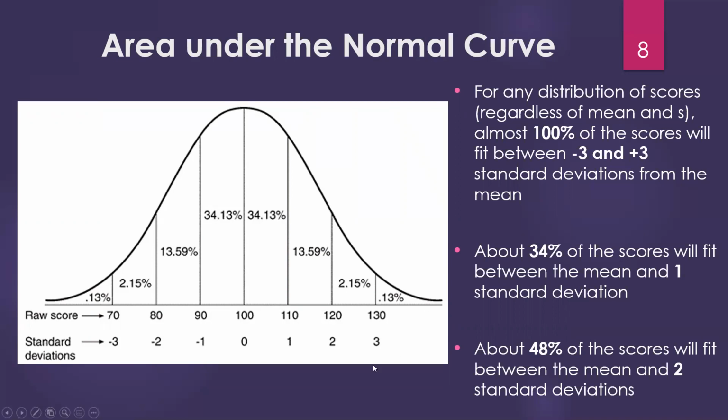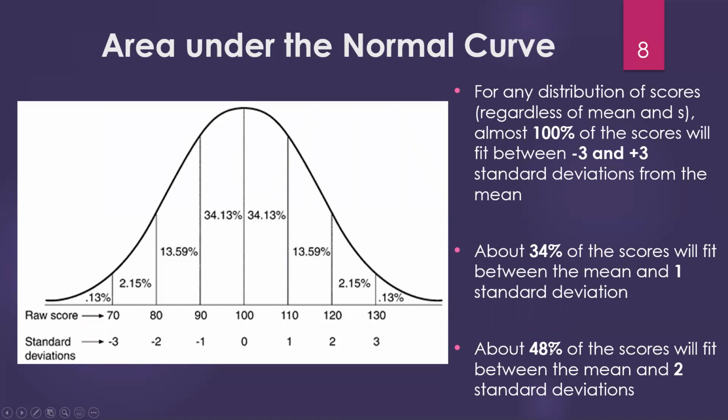The reason the normal curve is so important, and so cool, is that statisticians have figured out that always about 34% of all scores are one standard deviation below the mean, and about 34% are one standard deviation above the mean. Always about 48% of the scores are 2 standard deviations away from the mean.